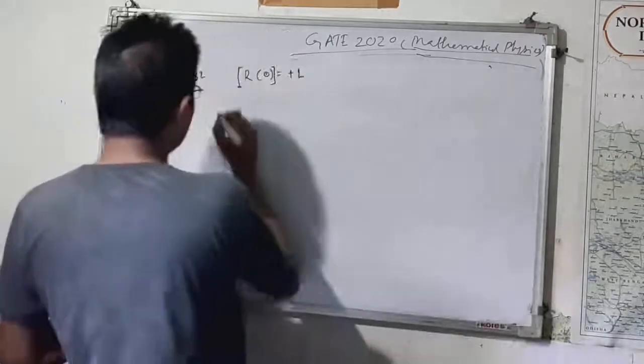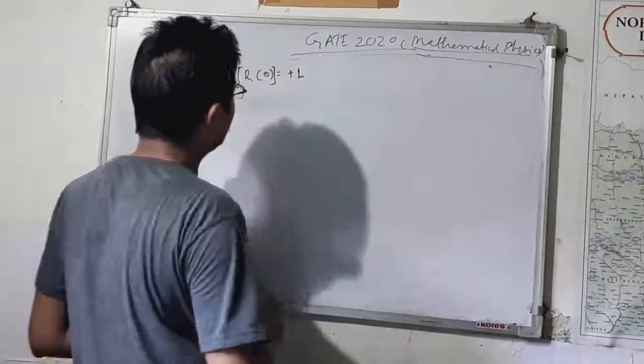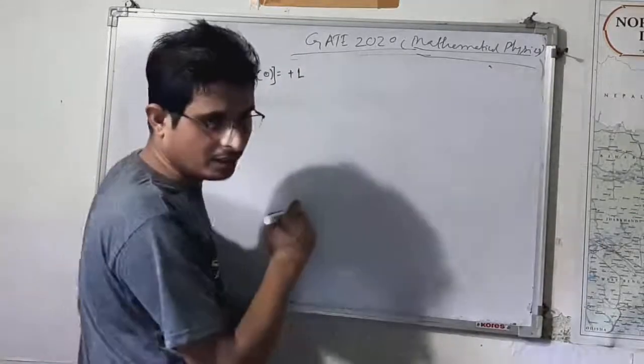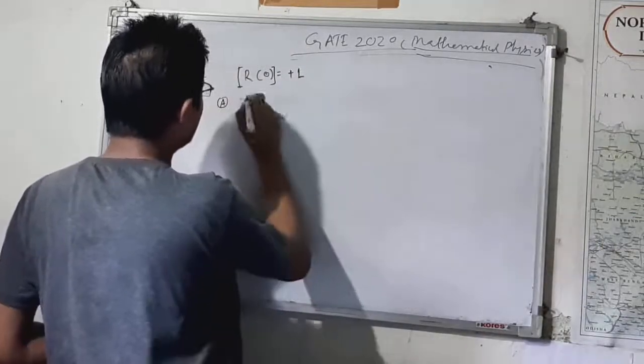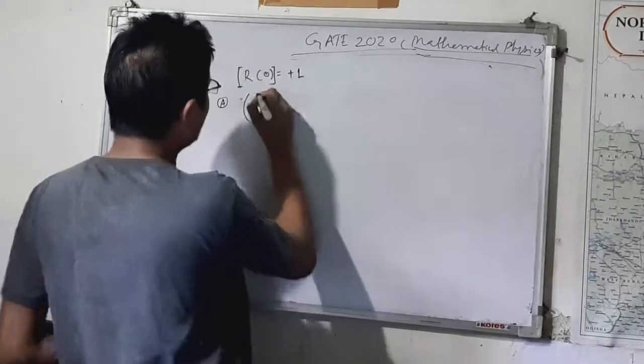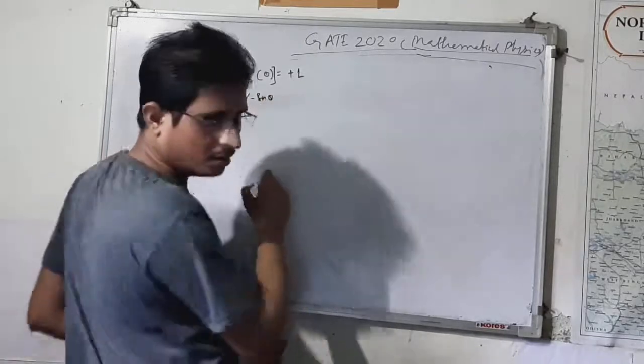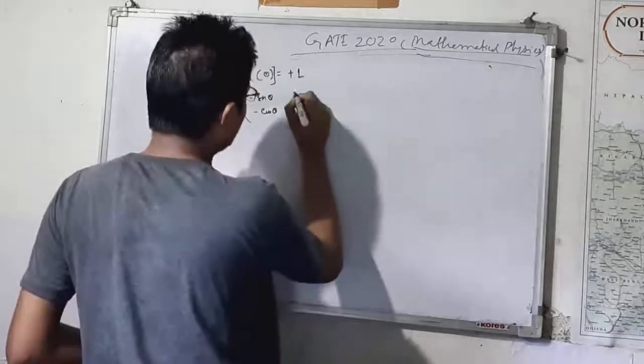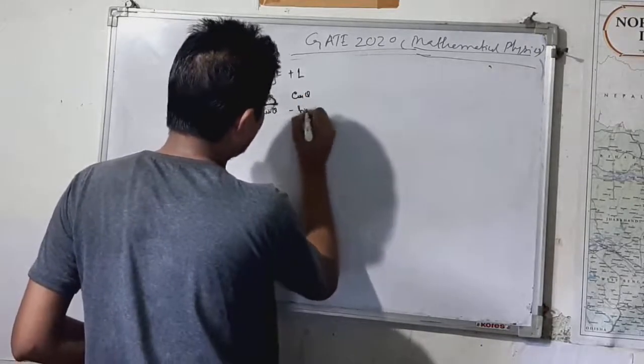So in option A, the given matrix is simply minus of sin theta, minus of cos theta, and minus of sin theta.